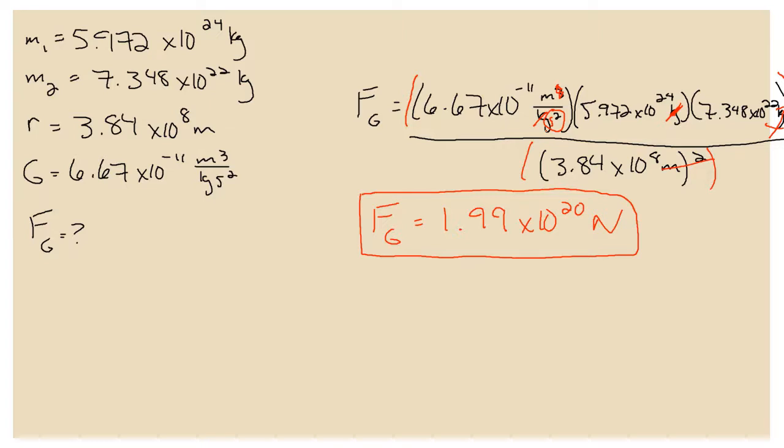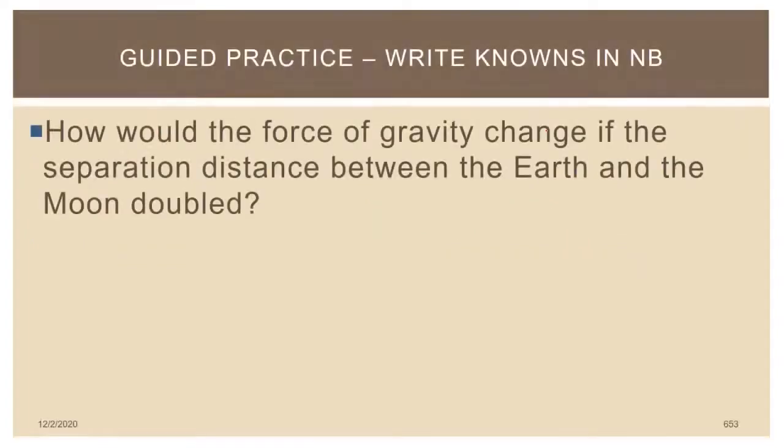Last thing I want to do for today, real quick, a problem we've already seen before so far this year, is a question that looks like this. It says, how would the force of gravity change if the separation distance between the Earth and the Moon doubled? Notice their usage of the term doubled. What kind of problem is this?